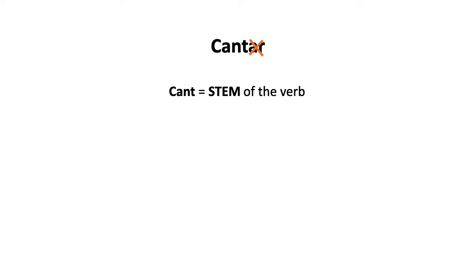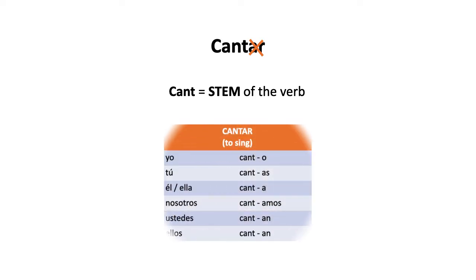In the case of cantar, the stem is cant. And then what we do is add the endings we have learned for each of the three types of regular verbs. How do we know which endings to add? Well, we know that from the ending of the infinitive that we just removed, right?